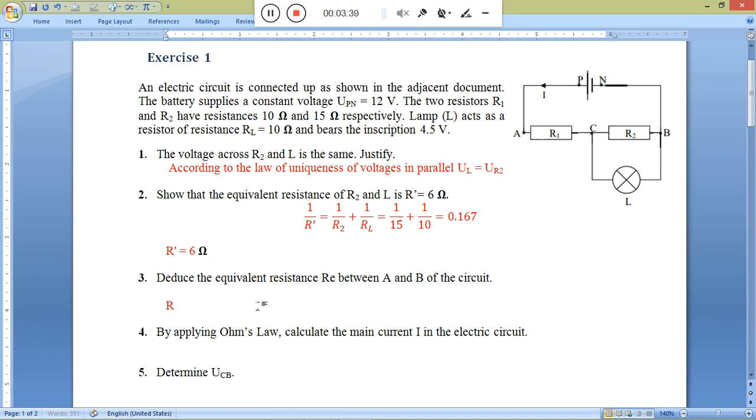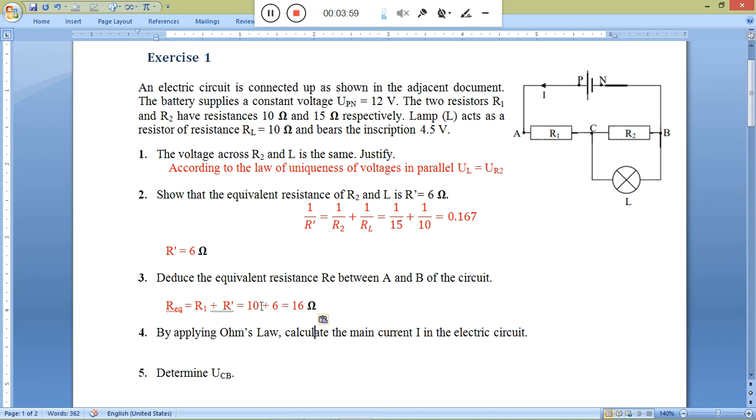So simply R equivalent is equal to R1 plus R prime, which is equal to 10 plus 6. This is equal to 16 ohms.